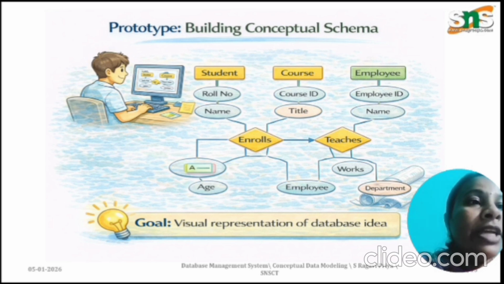Then employee consists of employee ID and name. So here the relationships are enrolls and teaches. So it connects with the employee and department. So it establishes the relationship between one or more entities.